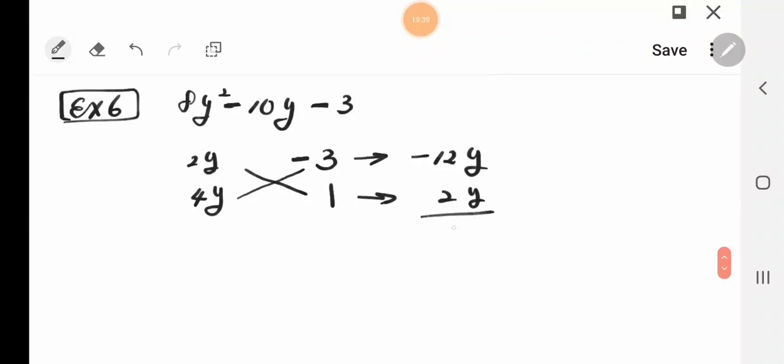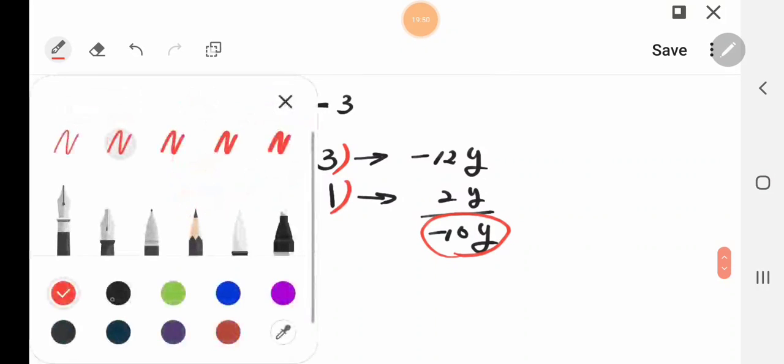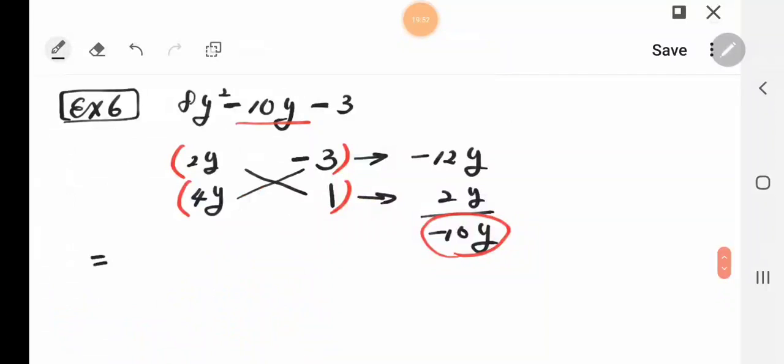The sum is negative 10y. So we found the match again, negative 10y. So this is the product of two binomials. So the trinomial is a product of the expression in the first line and the expression in the second line.